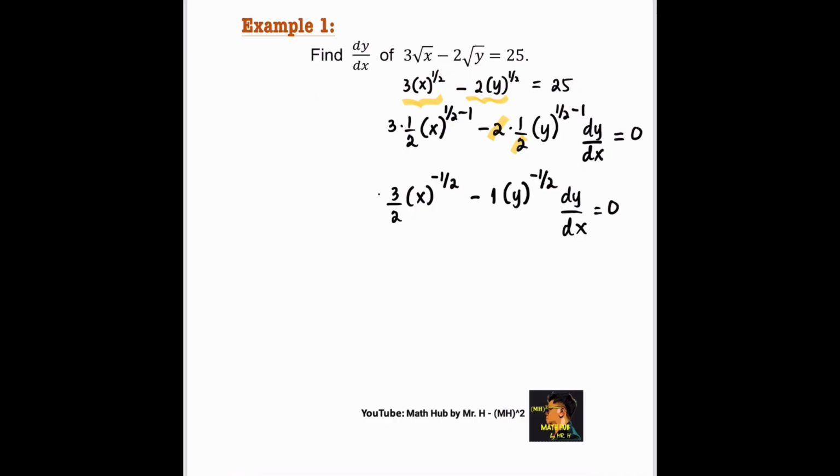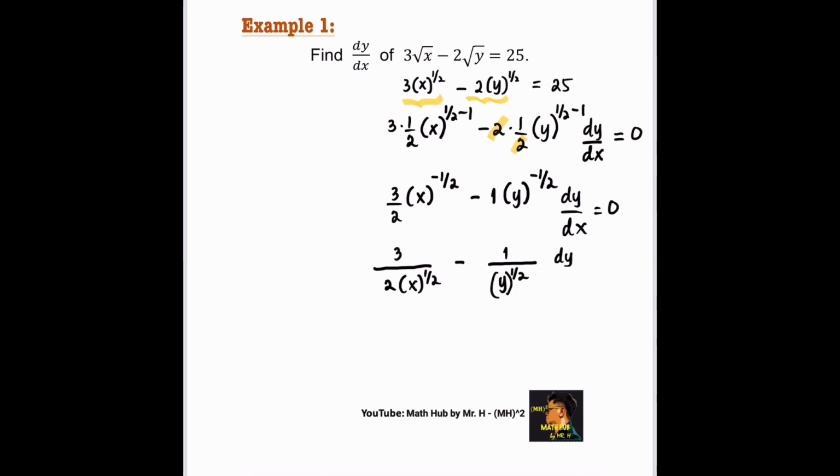Alright, so let's clear each term from a negative exponent. So let's rewrite this first term. It's going to be 3 divided by 2 times x to the power of 1/2. So same goes for this one as well. So it will be 1 divided by y to the power of 1/2.